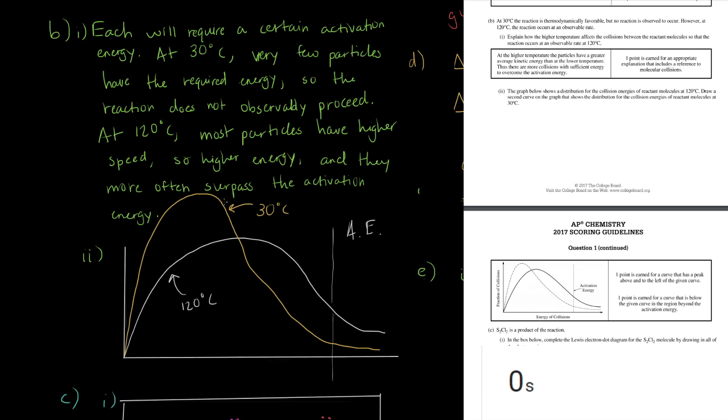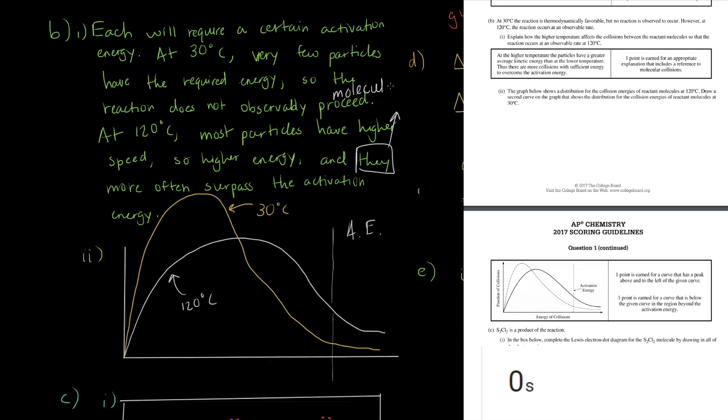Shoot. Somehow, I did not use the word molecular collision. So this is not actually going to get the point. I think in my head, I had the exact right way of thinking about this. But what I should really do is say, instead of "they," I should write this as molecular collisions.